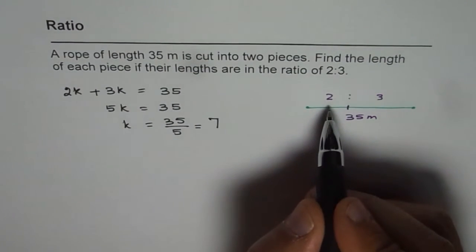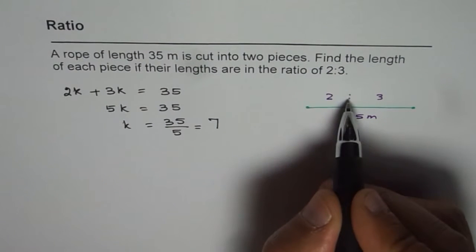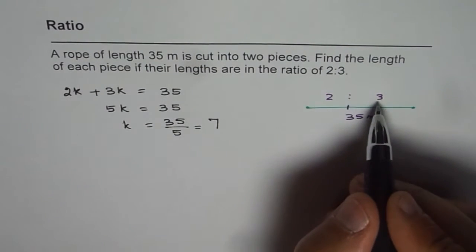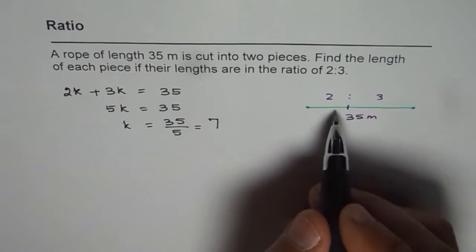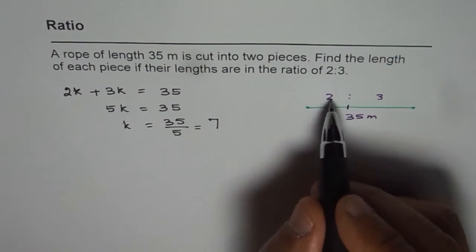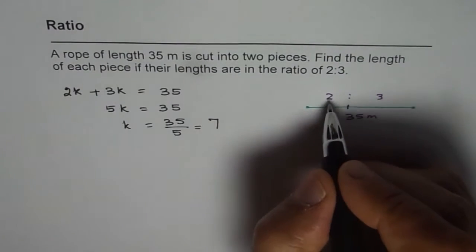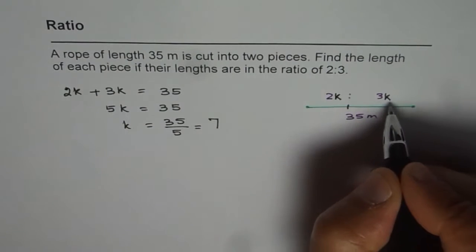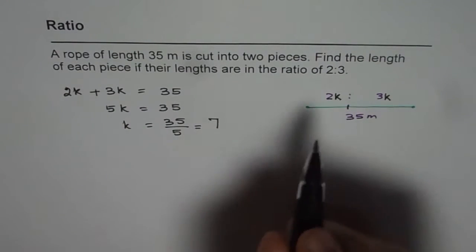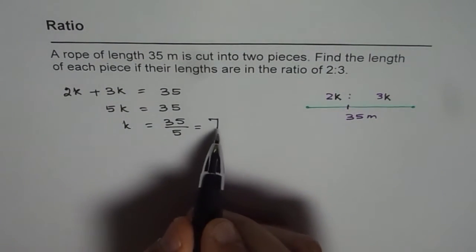That means when we say it is 2:3, that means that the multiplication factor is 7 in this particular case, right? We know 2 plus 3 is not 35. It is 2 times something, so we are saying 2 times k, and similarly 3 times k, a constant. And that k which we found is 7.